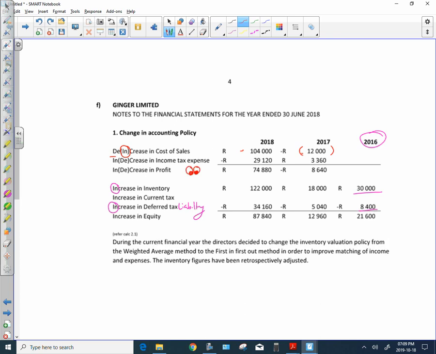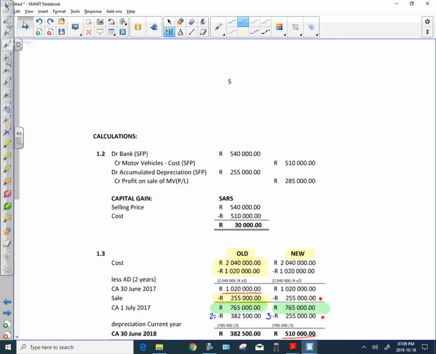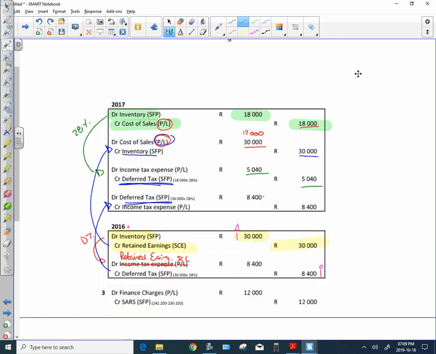Right, so negative 12,000, and the effect on my income tax expense over there was a debit of 5040 and a credit of 8,400. Agreed, a net credit of the difference there. Credit to income tax expense decreases my expense, increases my profit.